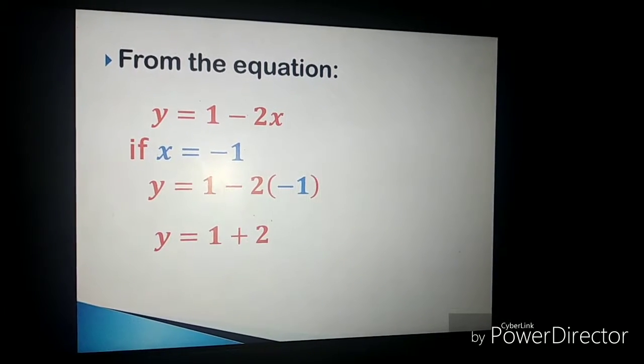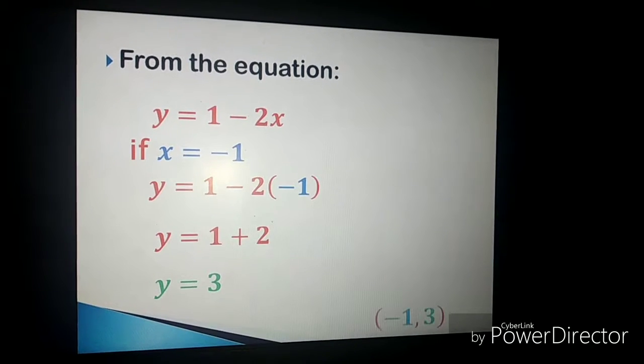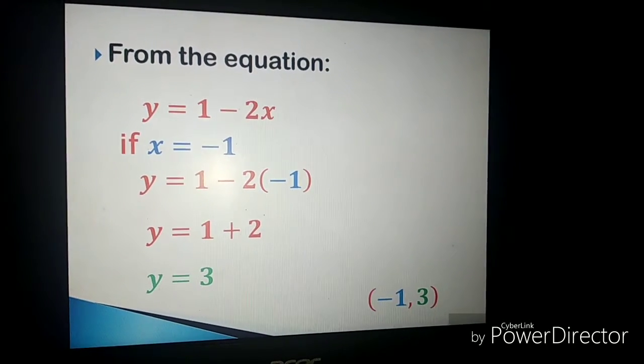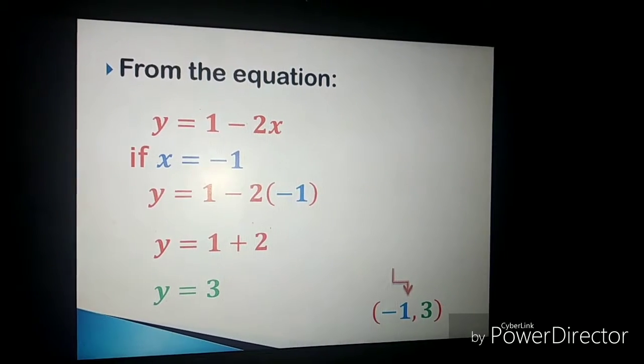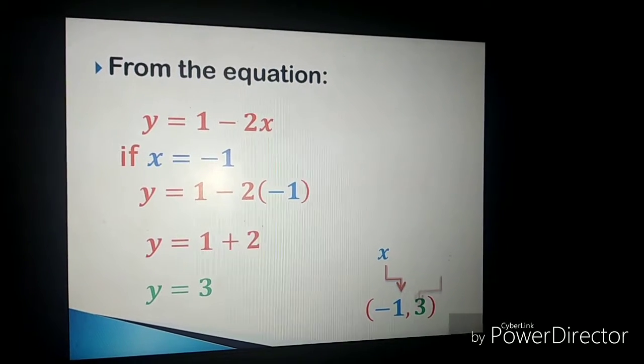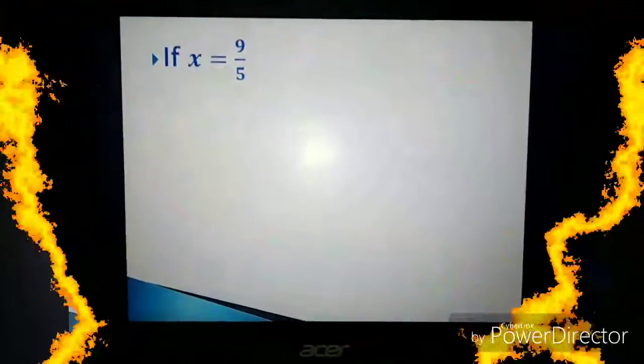So y is equal to 1 plus 2, so y is equal to 3. So the coordinates are negative 1 and 3, where negative 1 is the x and 3 is the y.